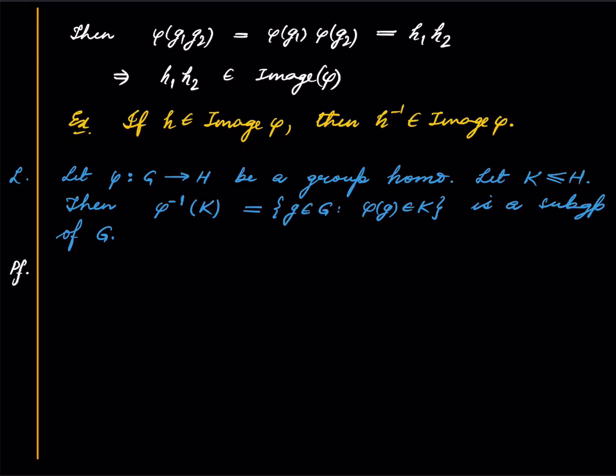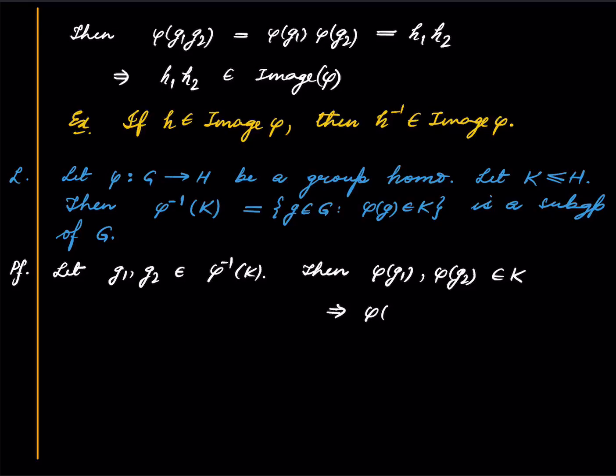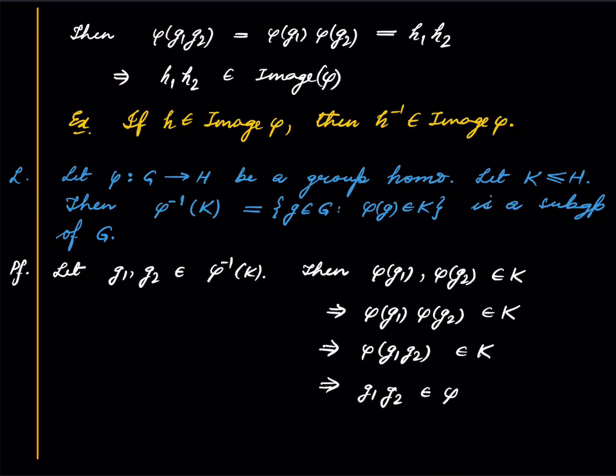And let's again prove half of it and leave the second half as an exercise. So let G1 and G2 be in phi inverse K. Then phi G1 and phi G2 are in K. By the fact that K is a subgroup, we get that their product is in K. And by the fact that phi is a homomorphism, we get phi of G1 G2, which is of course equivalent to saying that G1 G2 is in phi inverse K. So that's half of the thing.